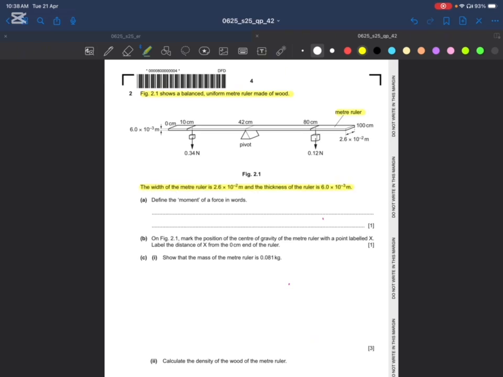Define the moment. So simply here you have to write the definition of the moment. This is the product of force and the perpendicular distance from a fixed point. This term, perpendicular, is very important. You will not write only distance.